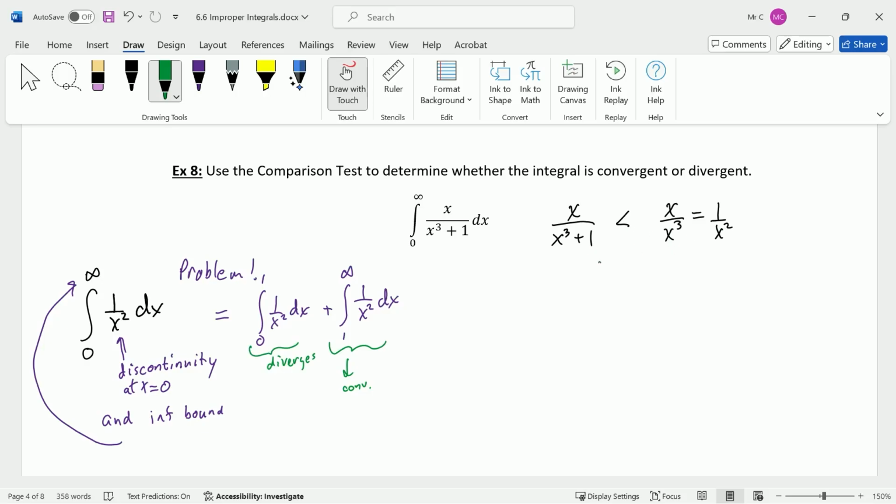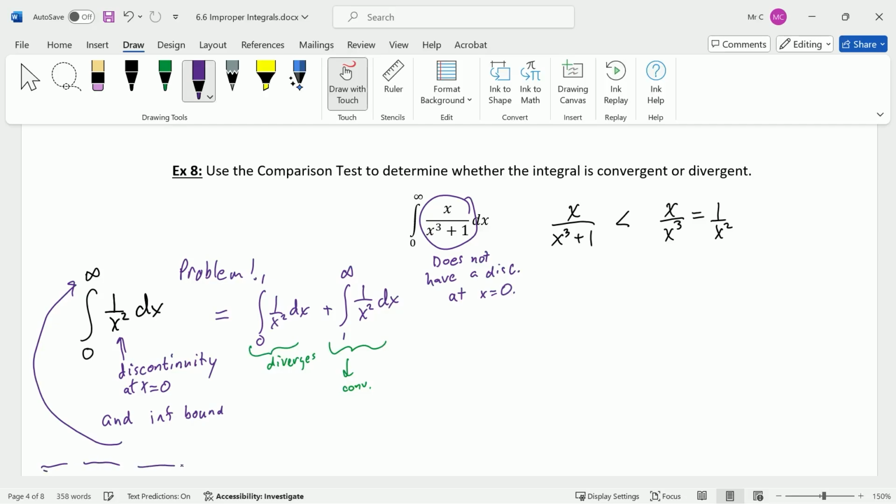And the problem is, the original function does not have a discontinuity at x equals 0. It has one at x equals negative 1, but that doesn't matter because it's not in the bounds of our integral. So this causes us some issues. So how do we deal with this?